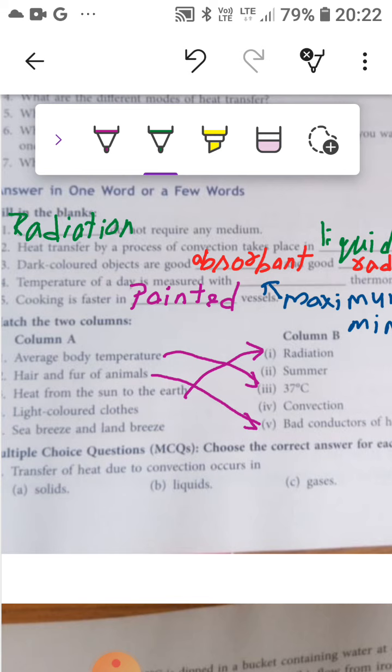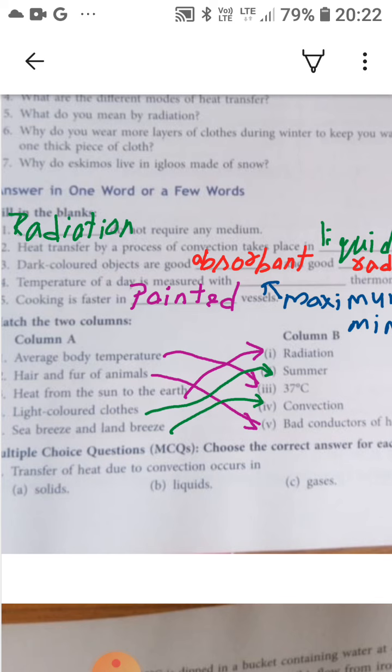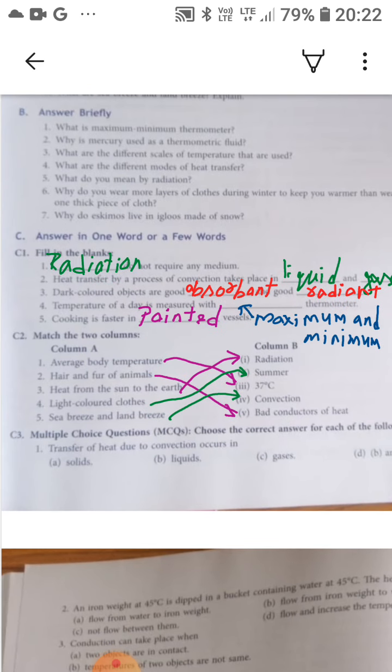Now light colored cloth, we can wear light colored cloth in summer. Now sea breeze and land breeze are the examples of convection. Is that clear? Now multiple choice questions.